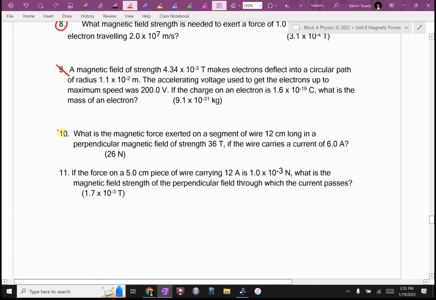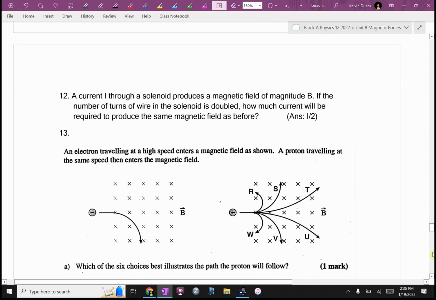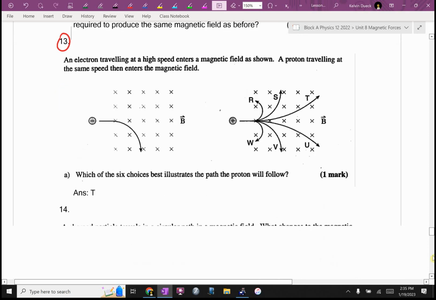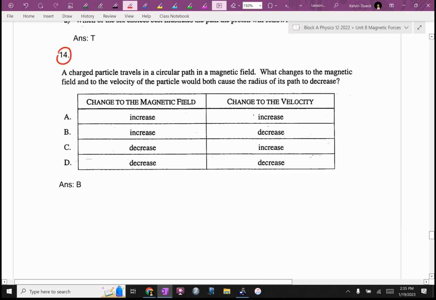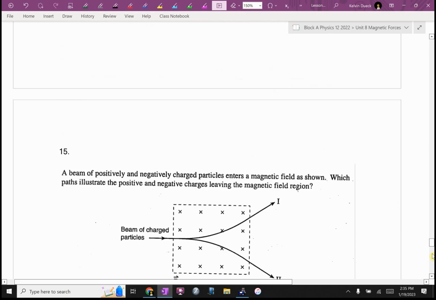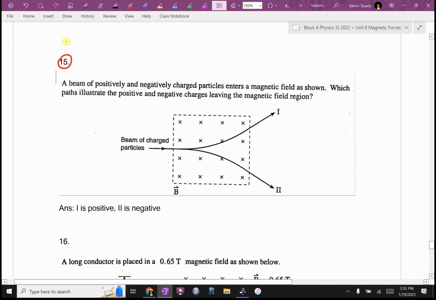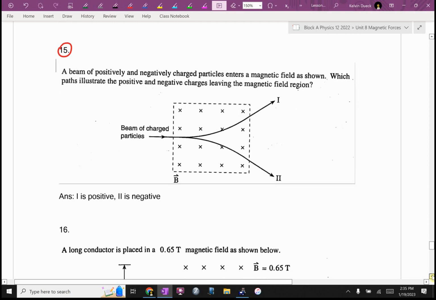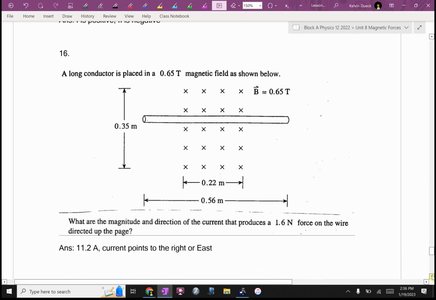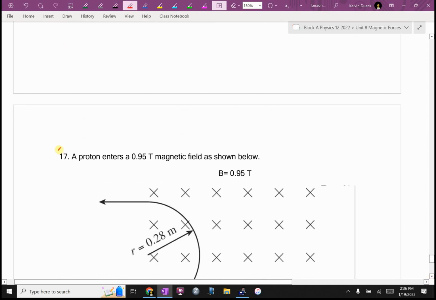Oh, this is straight plug and chug. 10 works. 11 works. 12 is good. 13 is good. 14 is good. These are all conceptual. 15 is good. And 16. You'll get time to work on these tomorrow in class. Yeah, 17. So this is not due tomorrow.